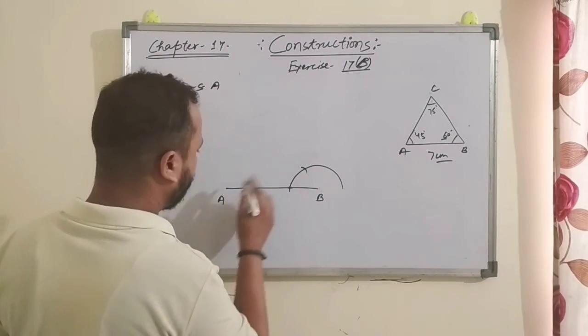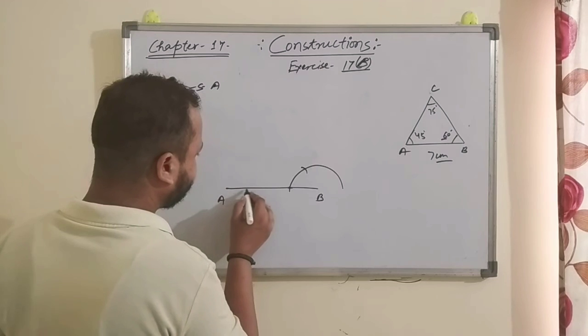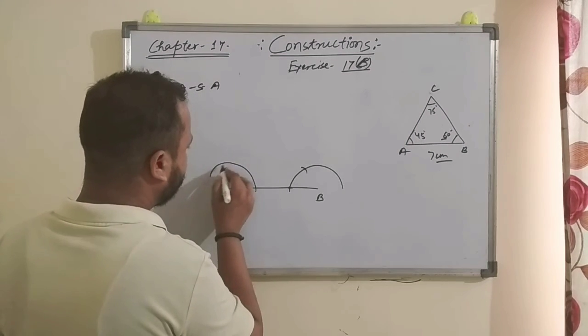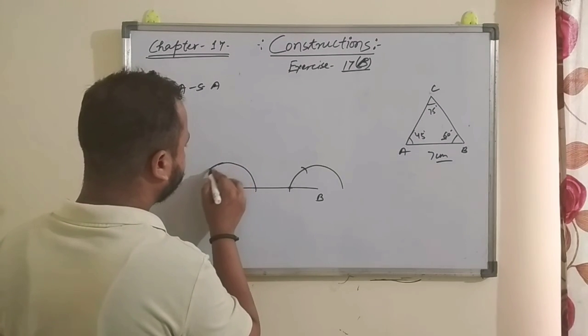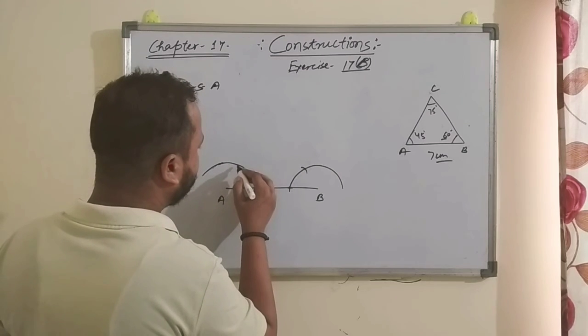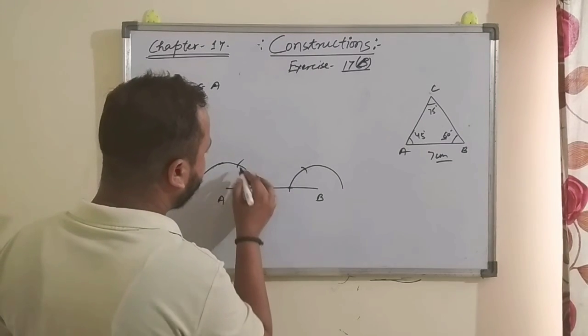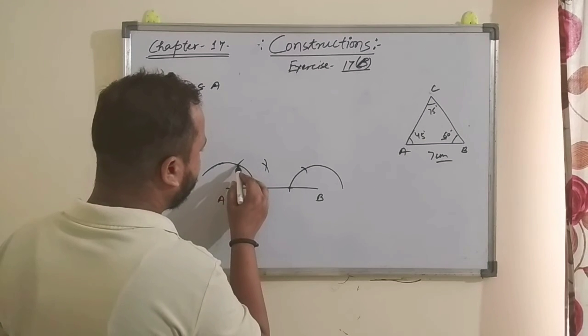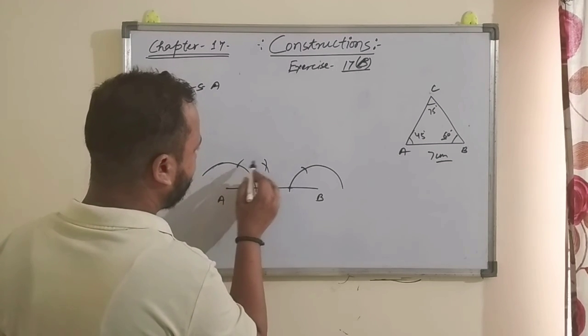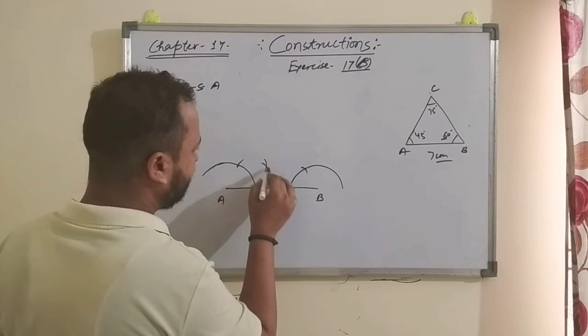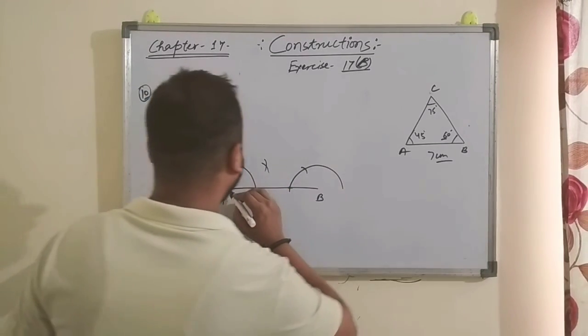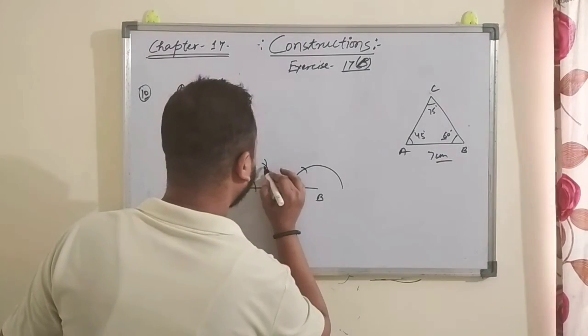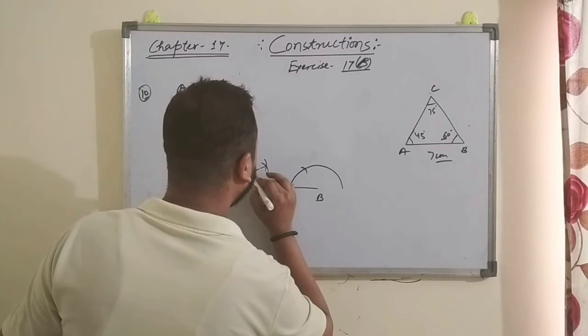From here, draw a semicircle, and here you will get the 60 mark. So from here and here you will get the 30 degree mark. Take here as a center, draw a radius, and here as a center, draw a radius. You will get 30 degree. Just join them with a dotted line.